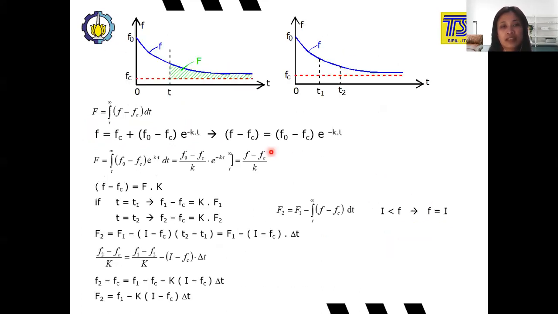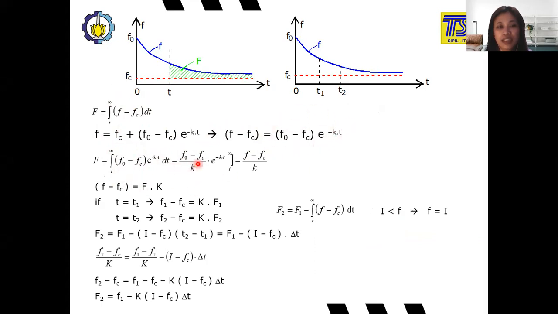And then we change it, moving the fc to the left side. After that we can move this f minus fc into the integral, and then we do the integral with this equation here.